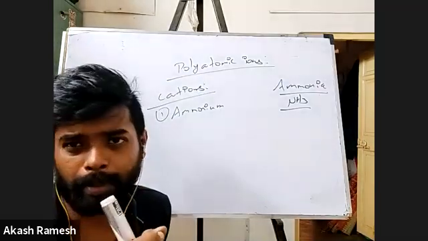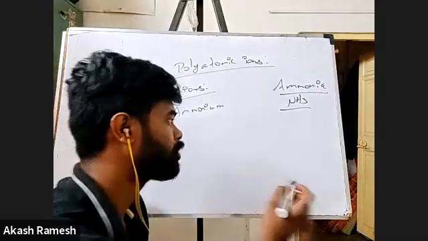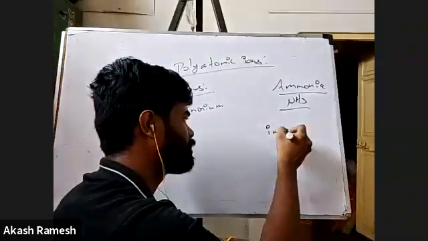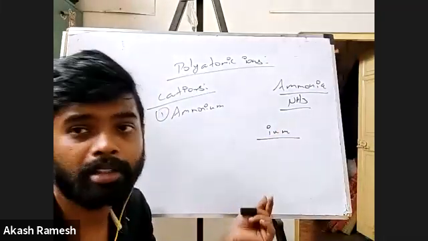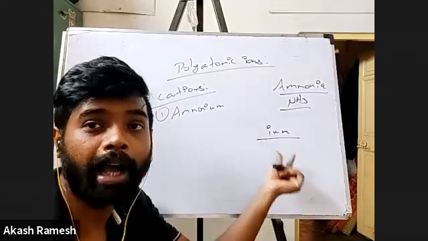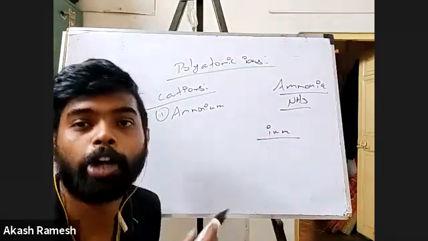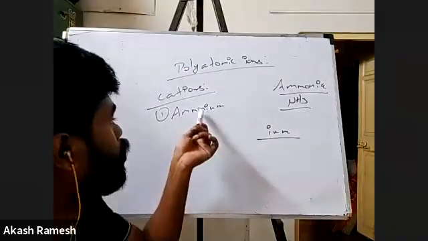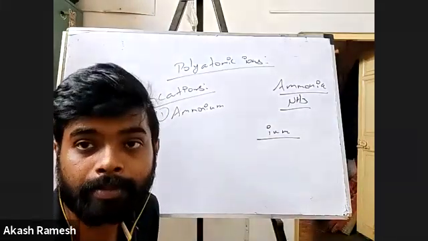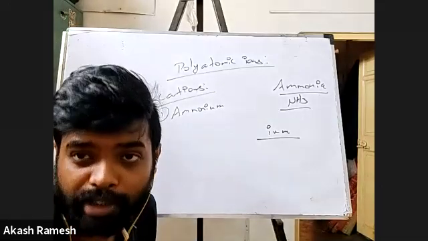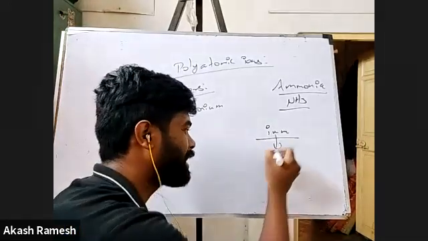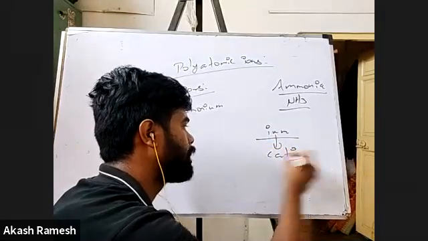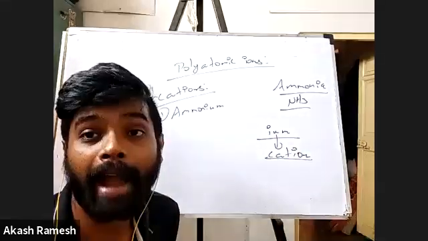Now, please understand, people. Whenever you see a species ending with IUM, like aluminium, magnesium, calcium, ammonium, you easily understand that they are going to form cations.